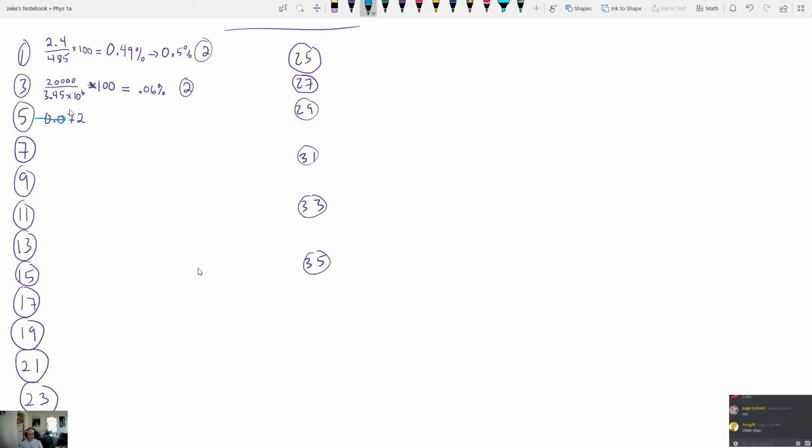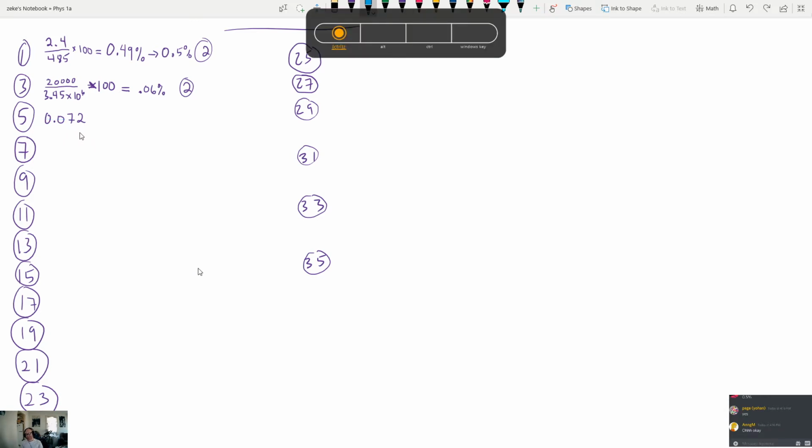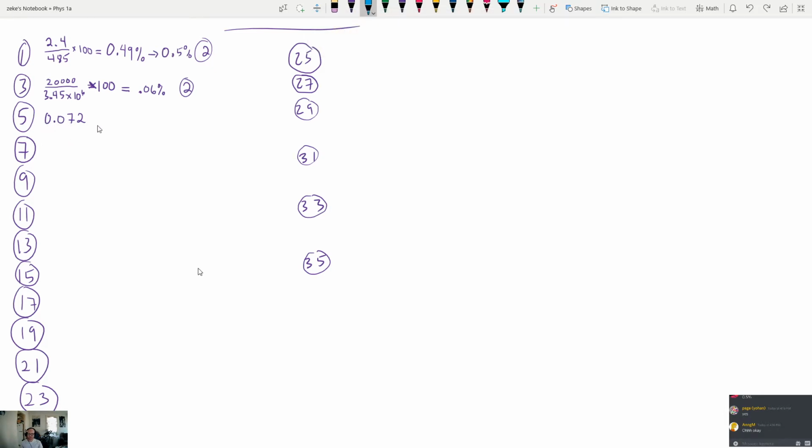As soon as you hit the first number, you count the digits after this. Or you can just say these are placeholders. How many significant figures does this have? 2, right? Pretty easy. Those 2 zeros are placeholders. That's all there is to it.